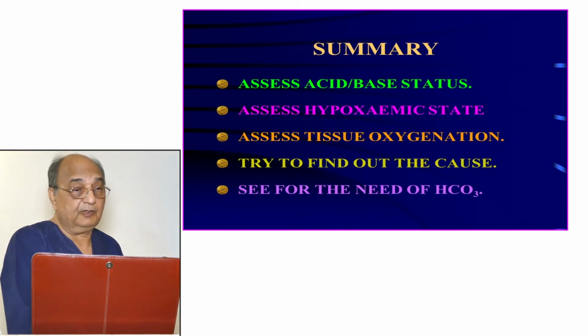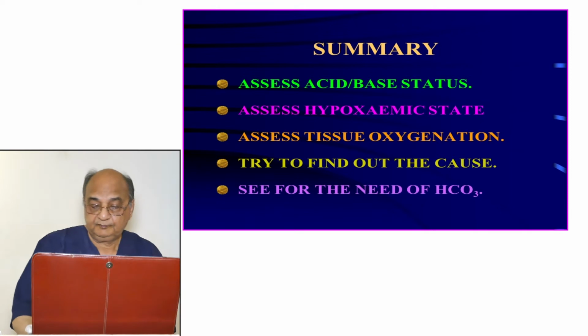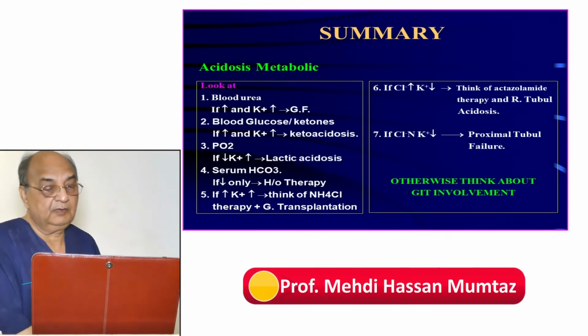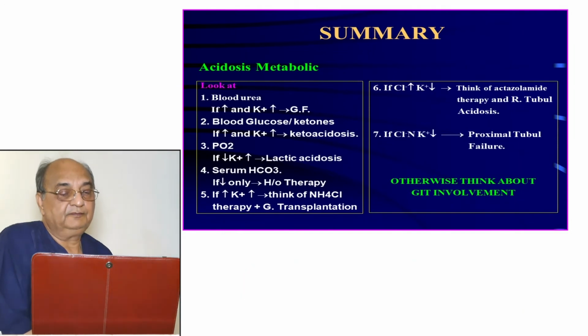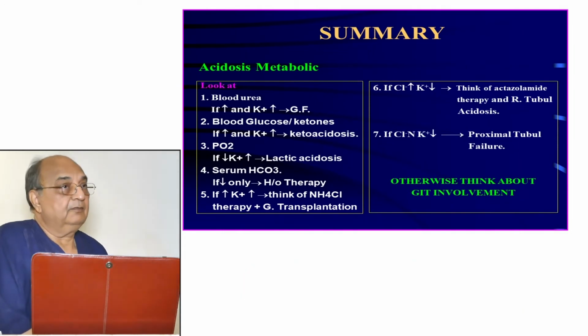If it is a metabolic problem, then we will have to neutralize the acidity. If it is very markedly acidic, then we give them soda bicarb. So there are indications for how to do it. In a summarized way, in metabolic acidosis, you look at the blood urea.